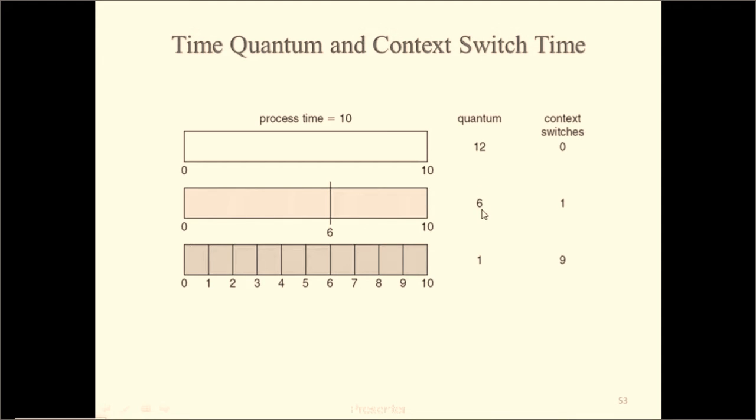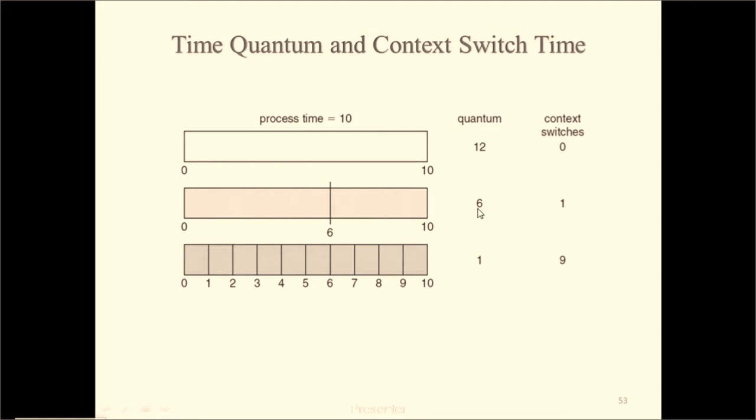If the time quantum is 6, then for the first run, it will use the CPU for 6 units of time. 10 minus 6, 4 will remain. And in the next round, it will get those remaining 4, thereby completing 10. So in the lifetime of the process, for 10 units of time, there is one context switch, right?